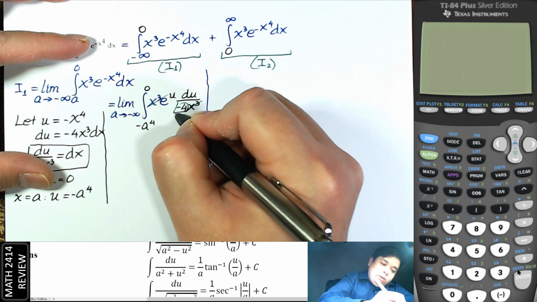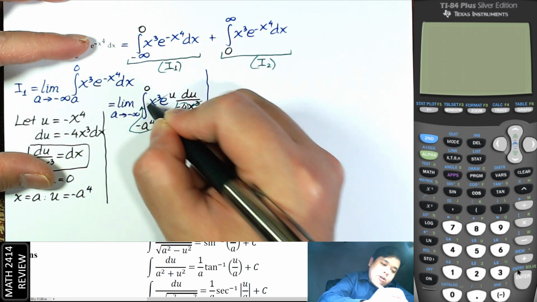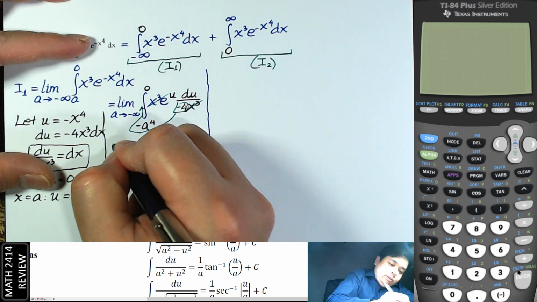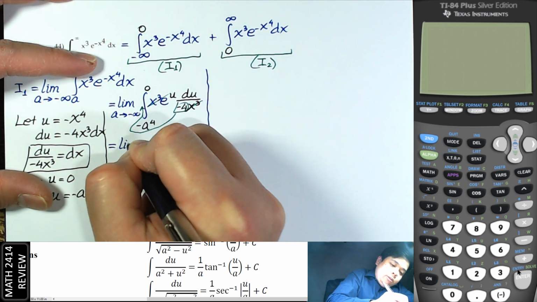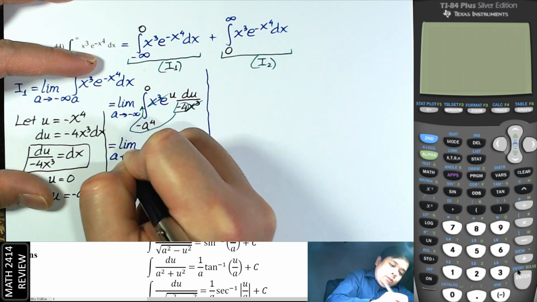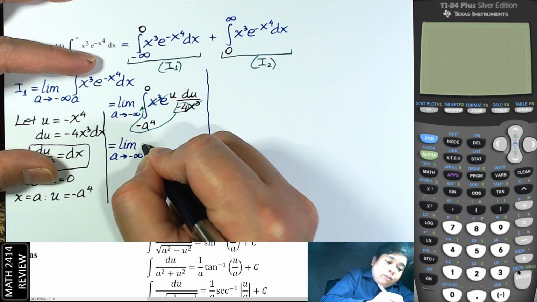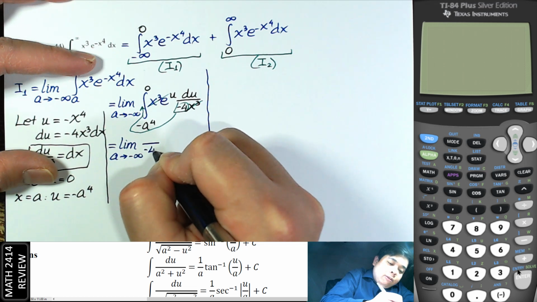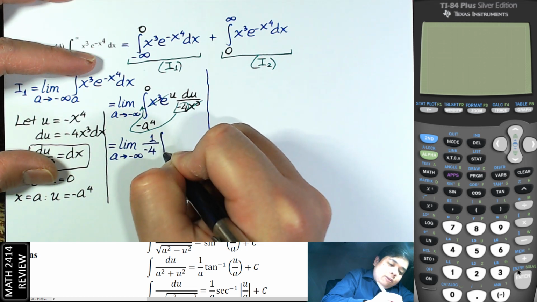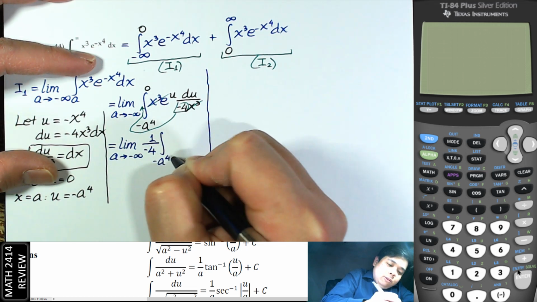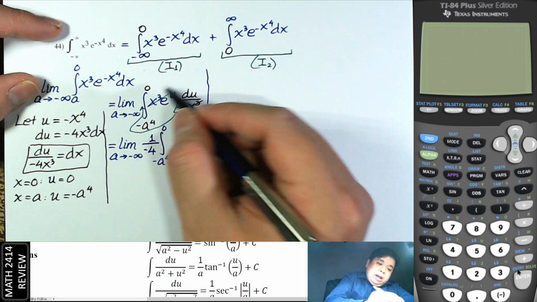Take out the negative 4, negative 4 at the bottom. x cubed cancels out.